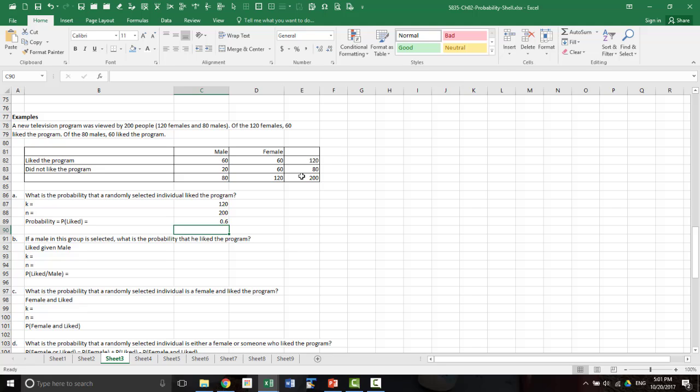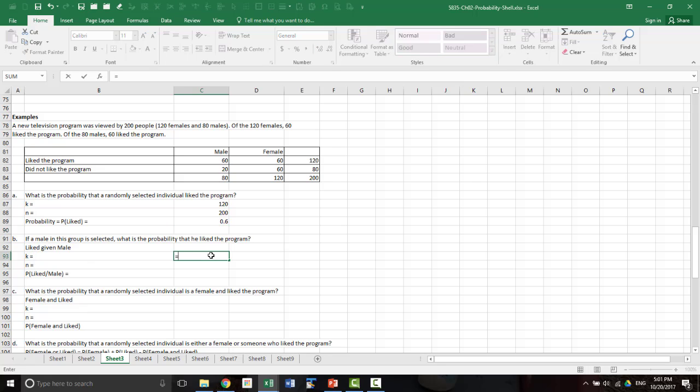Okay, if a male in this group is selected, what is the probability that he liked the program? Here you have to be very careful. It says if a male is selected, so that means we know that the person we have selected is a male. So this is a conditional probability. Given that a male has been selected, the probability we want is liked given male.